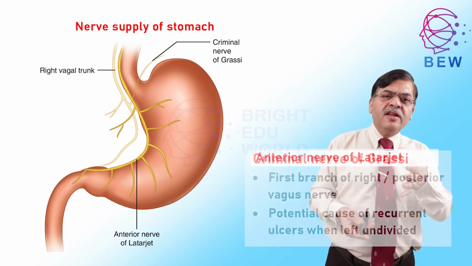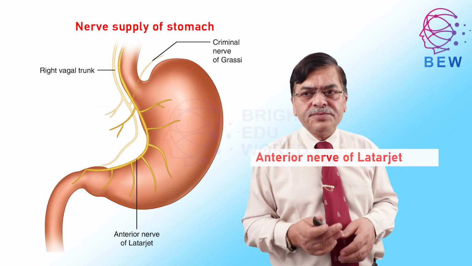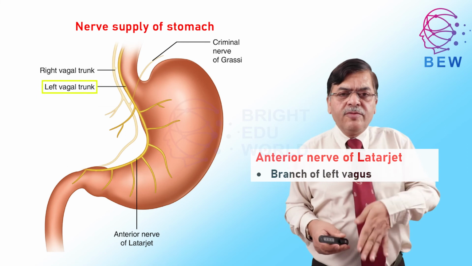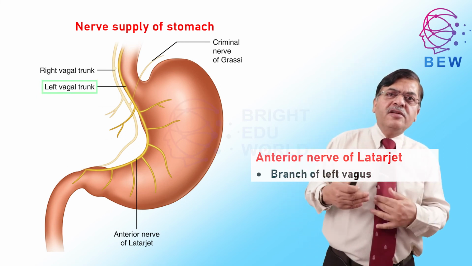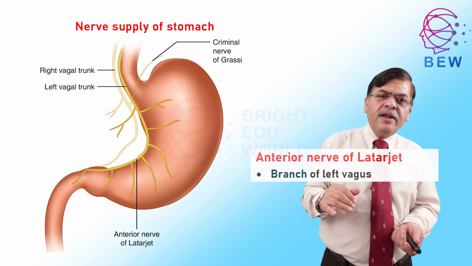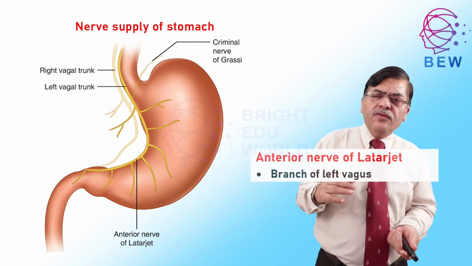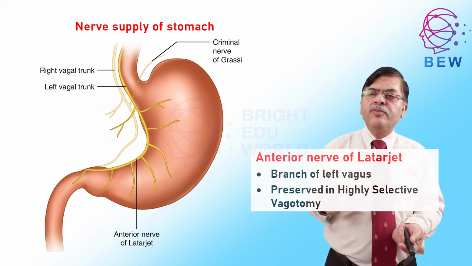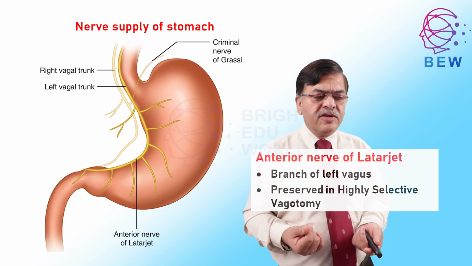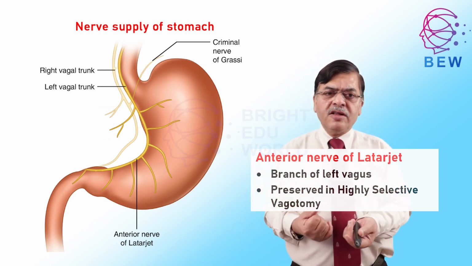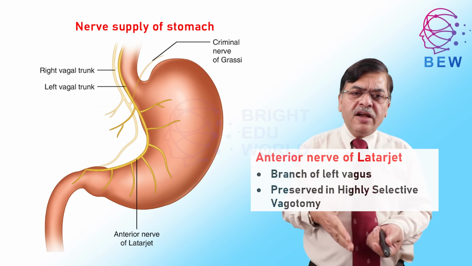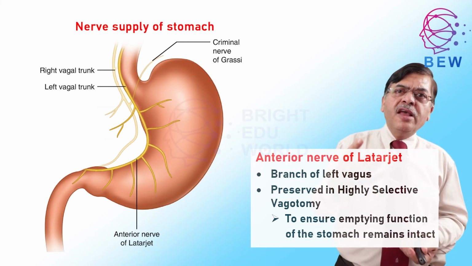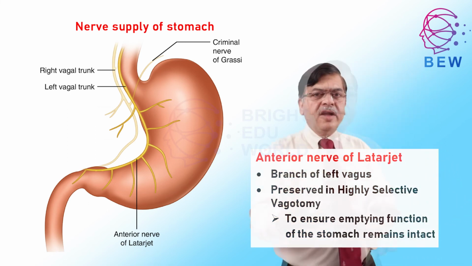And what is the anterior nerve of Latarjet? The anterior nerve of Latarjet is a branch of the left vagus, because anteriorly is the left vagus, and as it reaches the antrum, it gives this branch. If you spare this branch during the highly selective vagotomy, which is done for the surgery for peptic ulcer, you leave the anterior nerve of Latarjet, because then it keeps supplying the antrum and the milling action of the stomach is maintained.